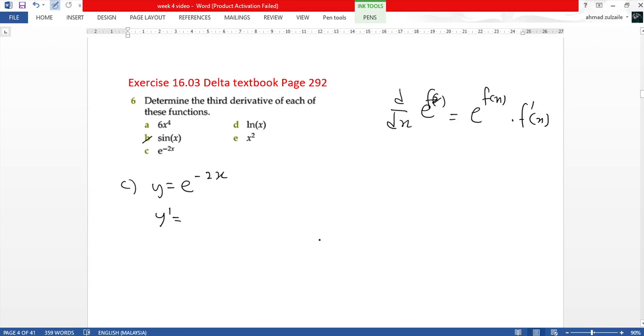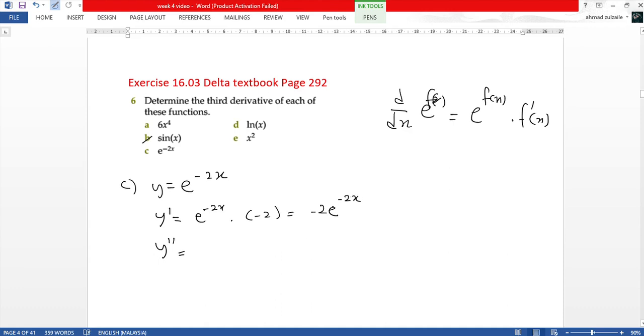Okay, so in our case, just copy and differentiate negative 2x becomes negative 2. So final answer will be negative 2 exponent negative 2x.